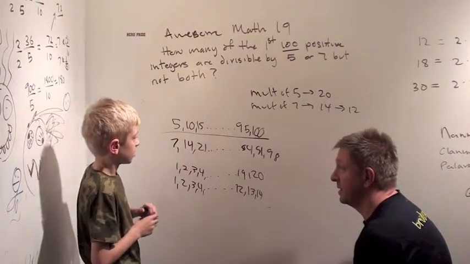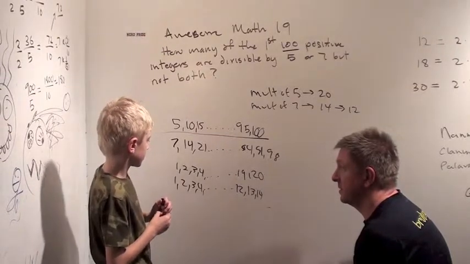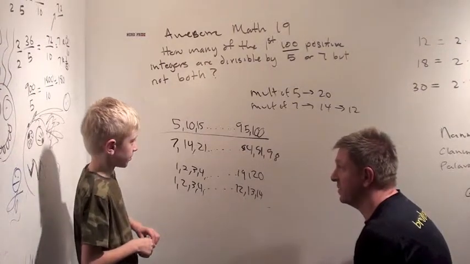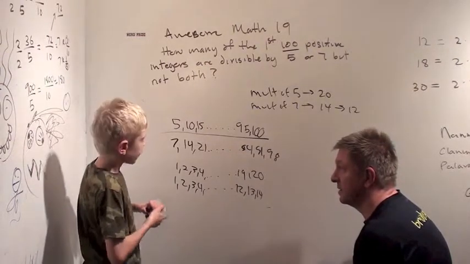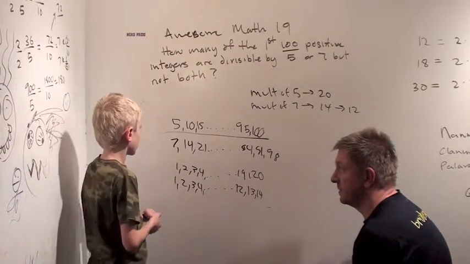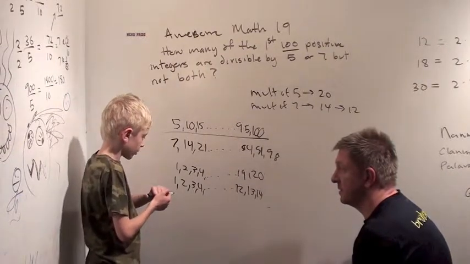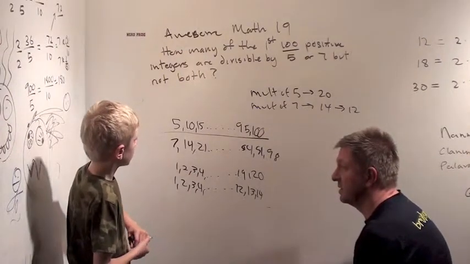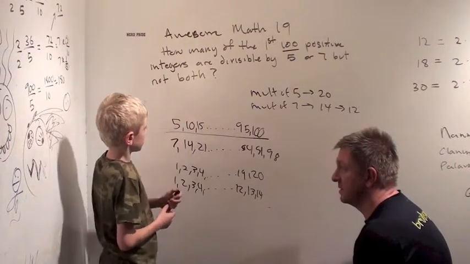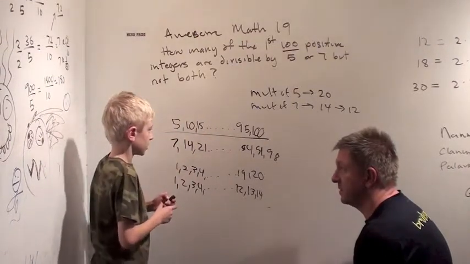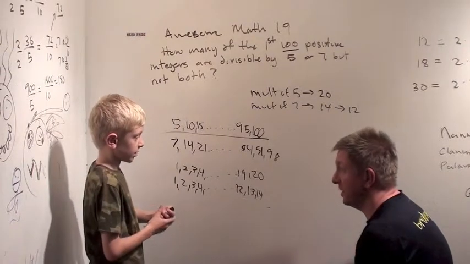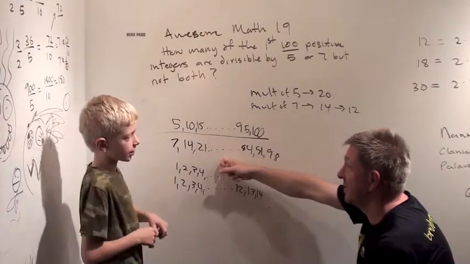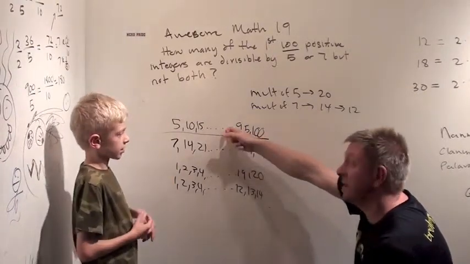And 5 times 14 is 70. So we have to cross out 35 and 70 from this list. What did we have to cross out from the other list? 35 and 70. The common multiples, right? Yeah. So the same ones on this list, 35 and 70.